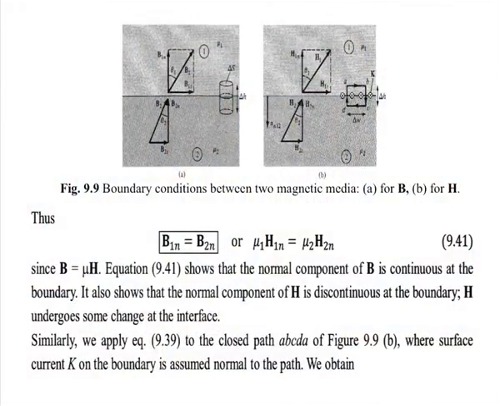On the cylindrical surface, B dot dS is equal to 0 because at every point the angle between B and the area is 90 degrees, and therefore B dot dS over the entire pillbox is given by the equation shown at the bottom, which on simplifying reduces to B1n = B2n, or mu1 H1n = mu2 H2n. This equation shows that the normal component of B is continuous at the boundary, while the normal component of H is discontinuous at the boundary.